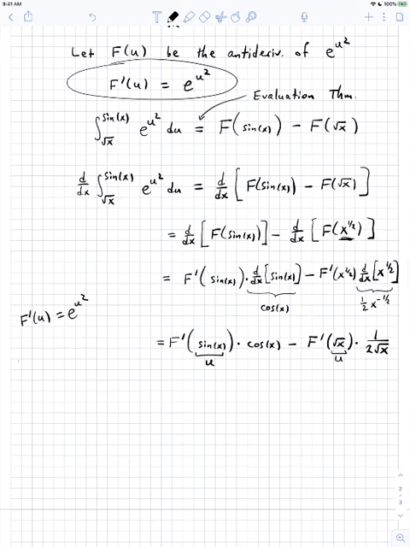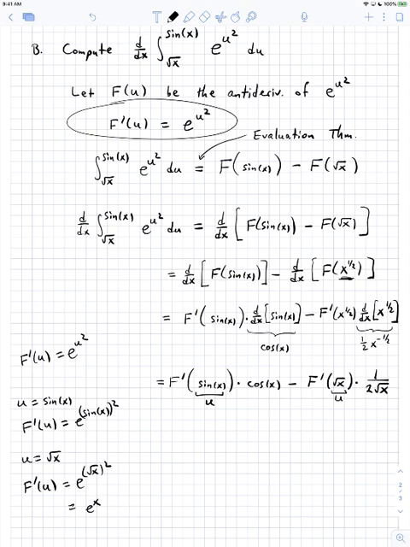So for the first one, I just write u equals sine of x, in which case F prime of u is e to the u squared, so e to the sine of x quantity squared. And for the second one, u is the square root of x. So F prime of u is e to the u squared. Well, that's e to the x.